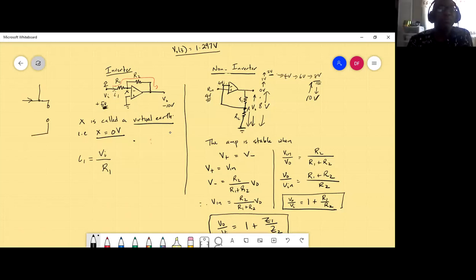So if you have a current that reaches the junction, it basically bumps up against an insulator. That's what infinite input impedance means. Then where is it going to go when it reaches this junction? It's not going to go into the amplifier. Everything is going to go through R2. Agreed?